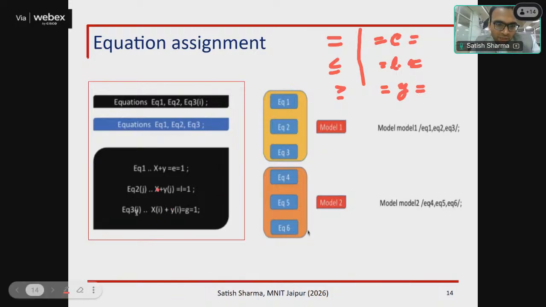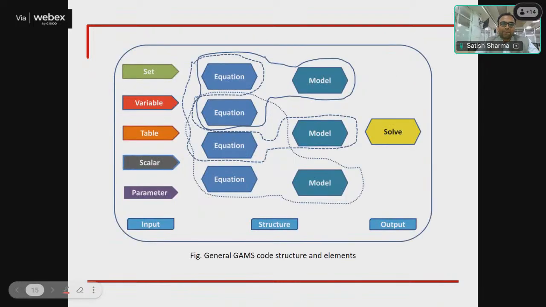This is how we can assign the values to the equations. Once we have defined the sets, first of all we will define the set. Based upon the set we will provide some input.